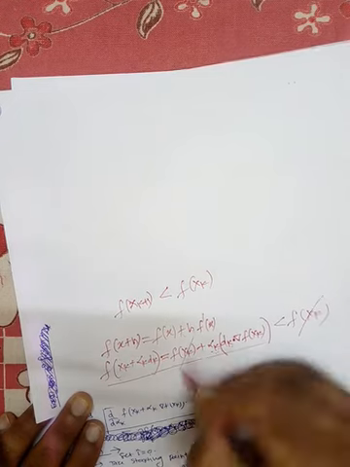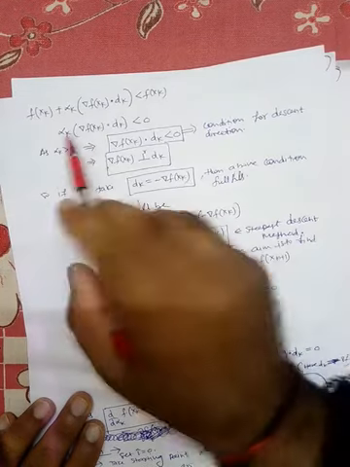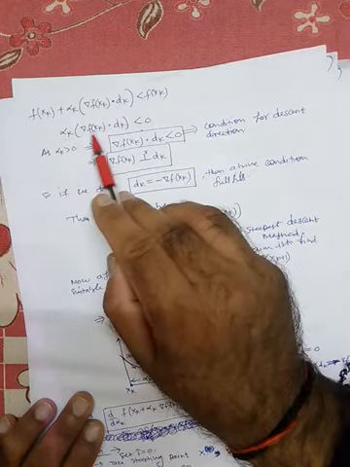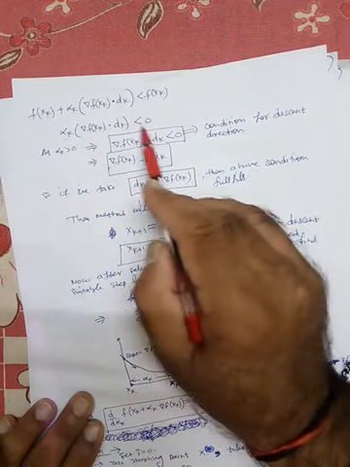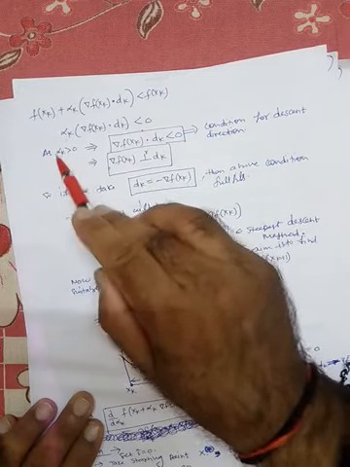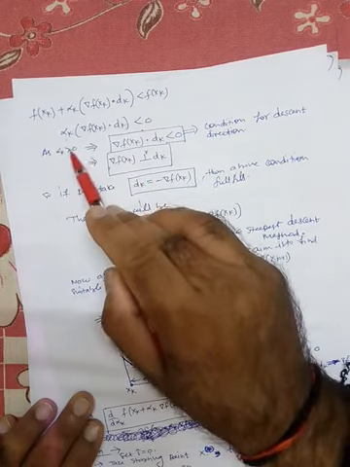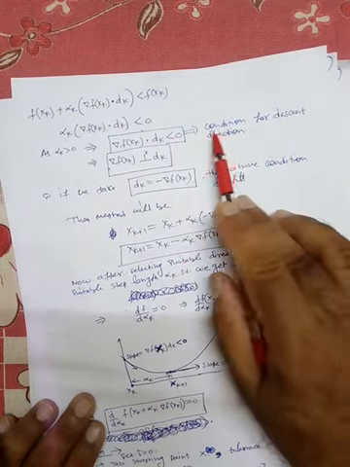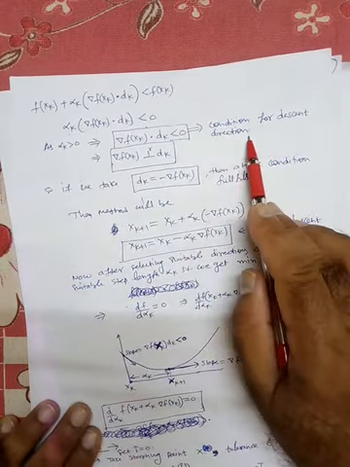This cancels out with this. So alpha k gradient of f of xk dot dk should be less than 0, but step size is always a positive quantity, so alpha k is greater than 0, which implies this quantity should be negative. So this is the condition for descent direction.